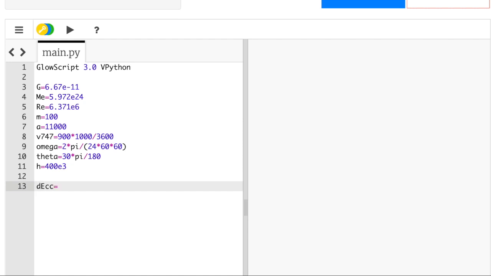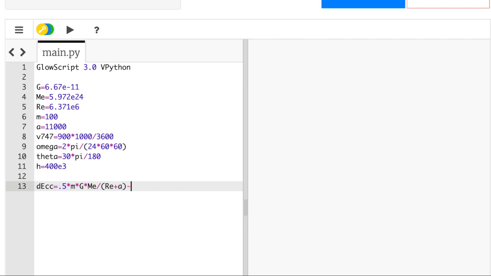I'm just going to type it in, going straight from my equation: 0.5 times m times G times M_E. Make sure that you use the same case, Python's case sensitive. Divided by R_E plus A. That's the initial.